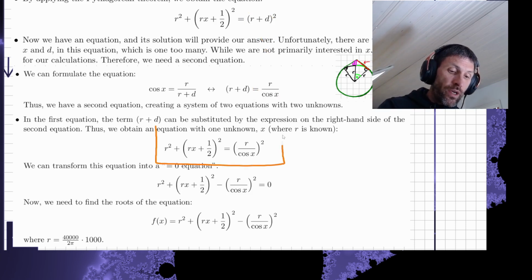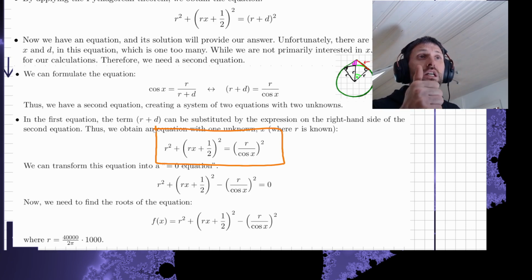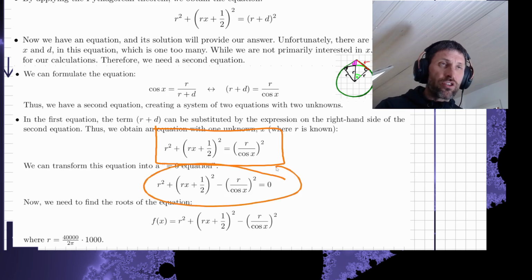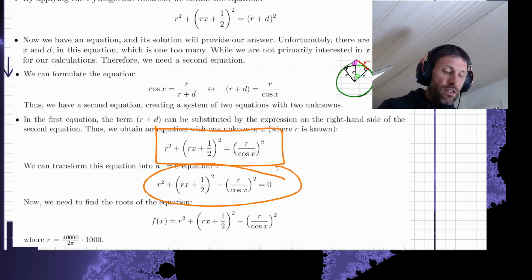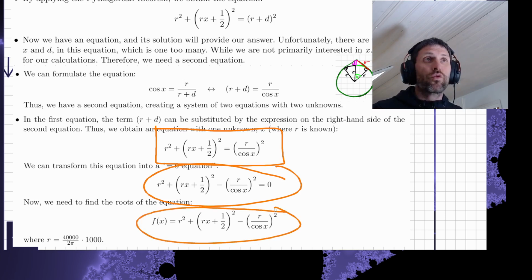We have a new equation, and one unknown, and this unknown is x. Okay, we can rearrange that equation into an equal-to-0 equation. And that means that defining that function, we are looking for the root of that function.